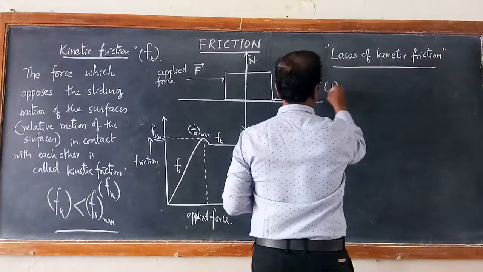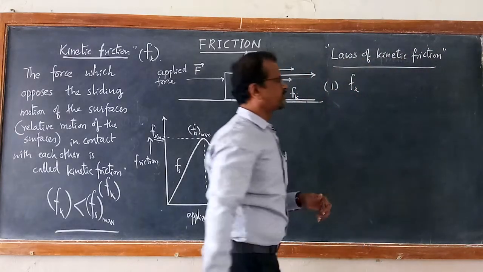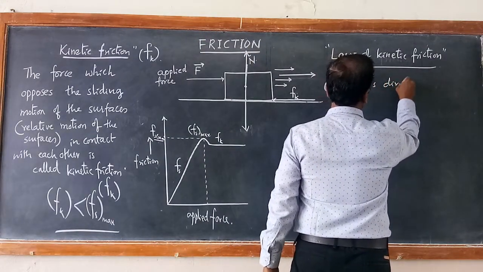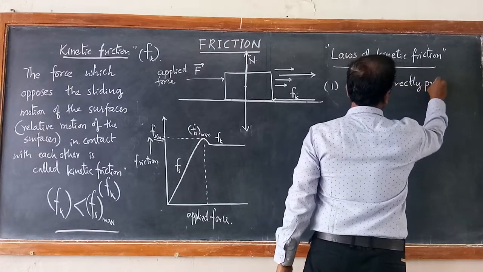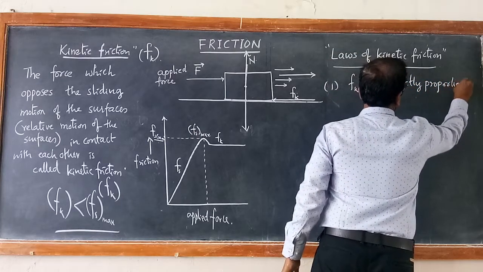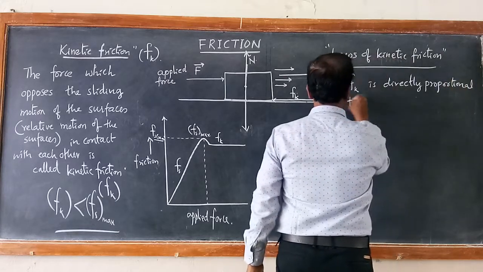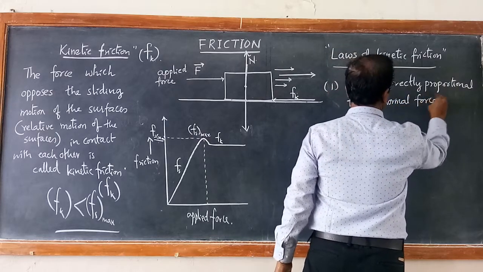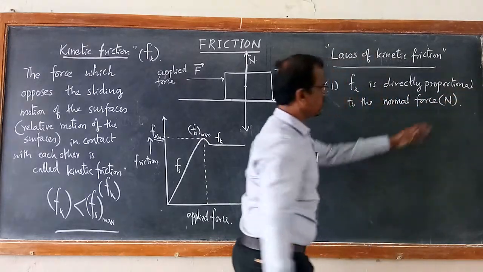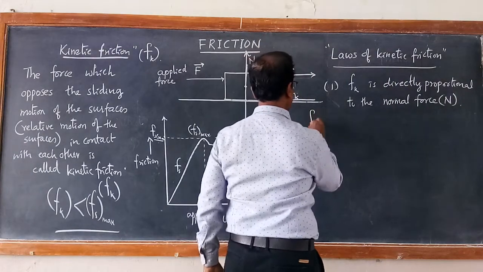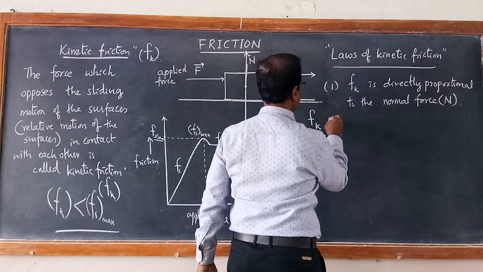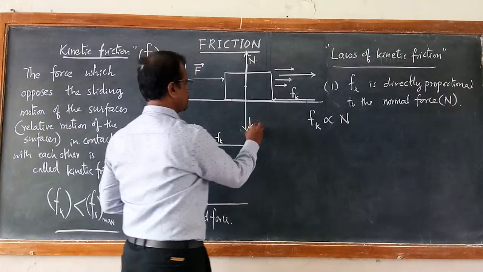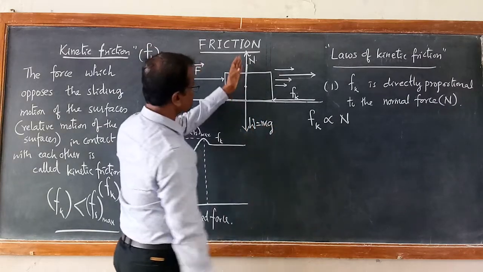The first one: Fk, kinetic friction, is directly proportional to the normal force again, just like the same equation we wrote earlier. The greater the weight, the more is the normal reaction.